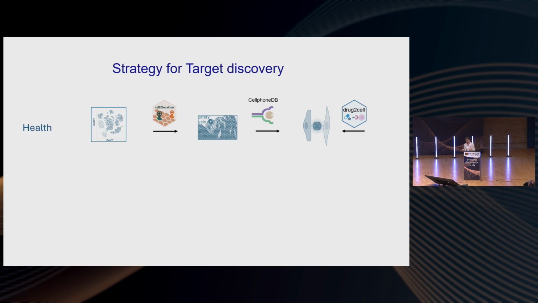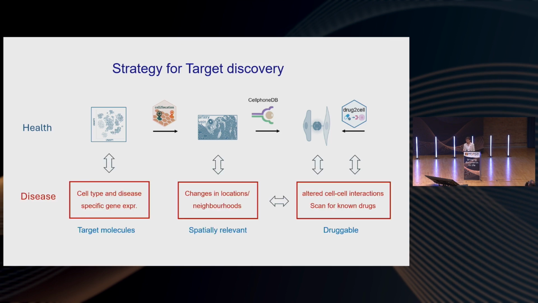And while all of this has really been in the healthy lung, we can of course apply this in the disease setting. So in disease, we would like to understand cell type and disease-specific gene expression in order to find molecules. And I think it was Steve who earlier talked about the balance and imbalance of, for example, gene expression across cell types.